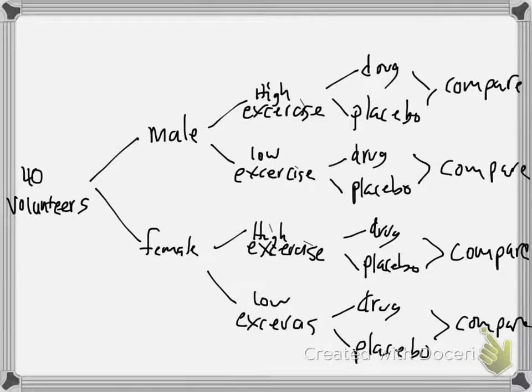So I could start out initially blocking between males and females, and then look at the males and put all those who exercise a lot into one block, and all those males who don't exercise into a different block. And same thing with the females, I block those who exercise a lot and those who don't.